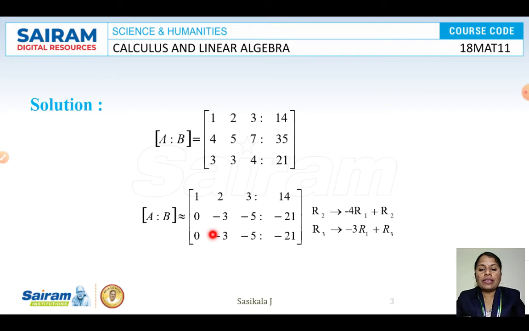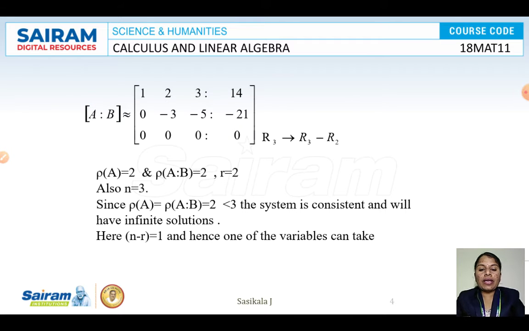Now you can see that the third row and second row are the same, so you can just subtract them and it will go to 0. That's what was done here: R3 implies R3 minus R2. So minus 3 plus 3 is 0, minus 5 plus 5 is 0, and minus 21 plus 21 is 0. That's what we get here, a row of 0.